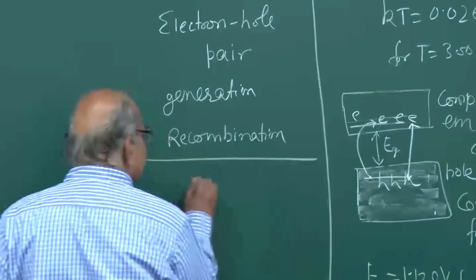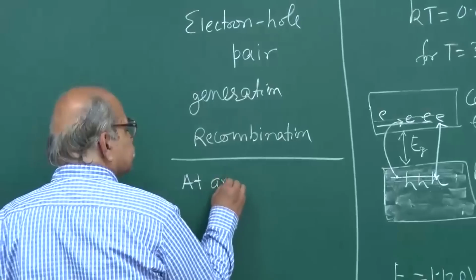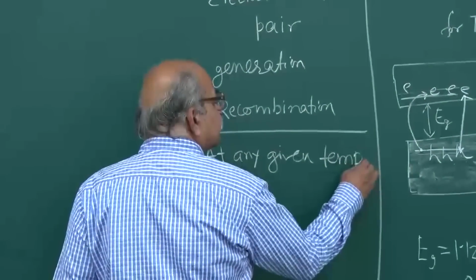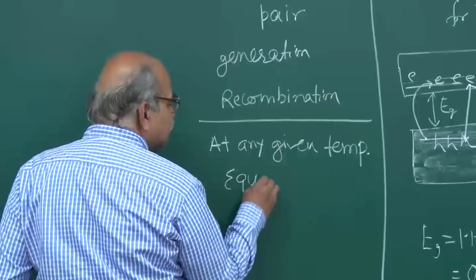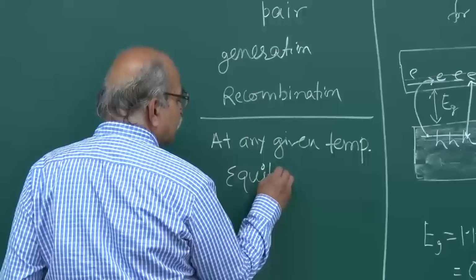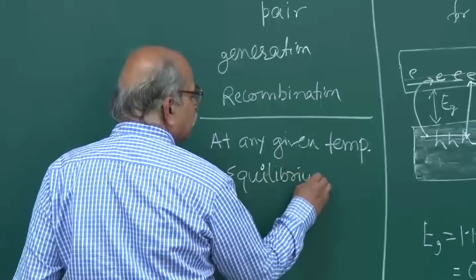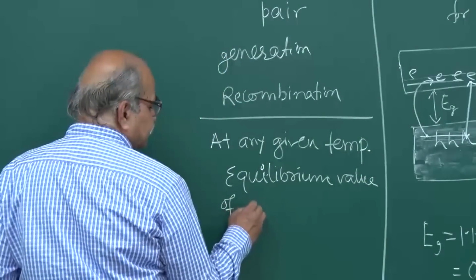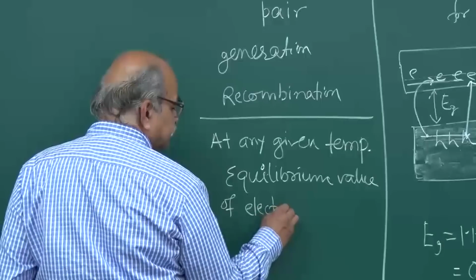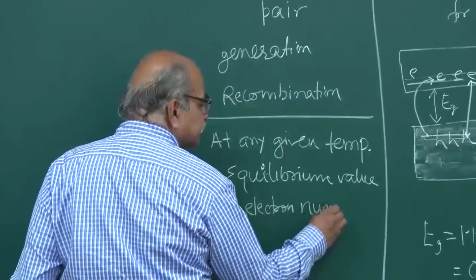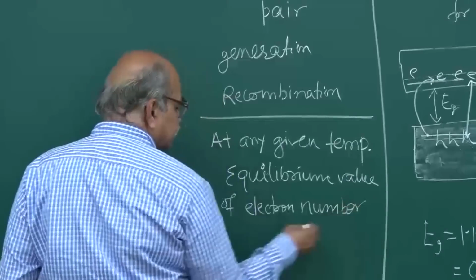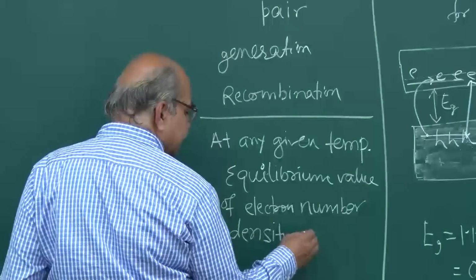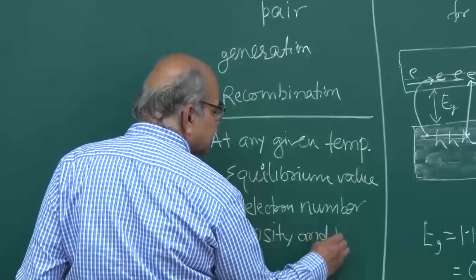At any given temperature there will be an equilibrium value of electron number density, and that will be the same as hole number density.